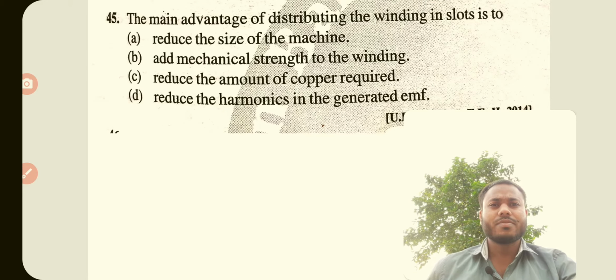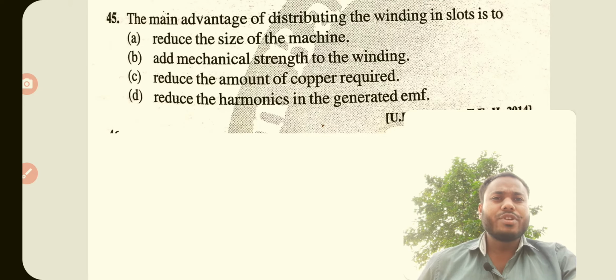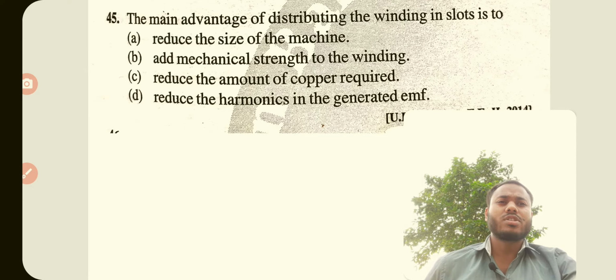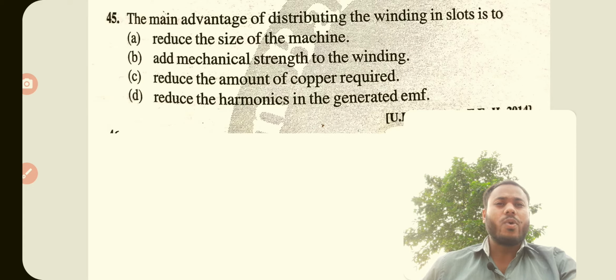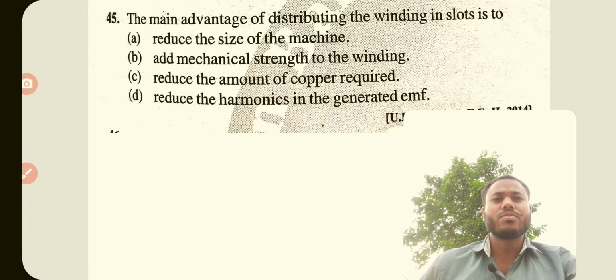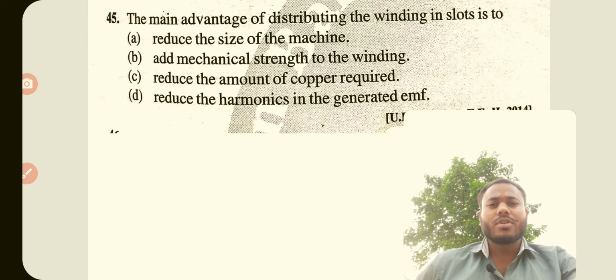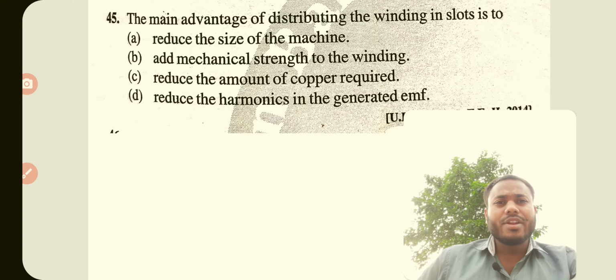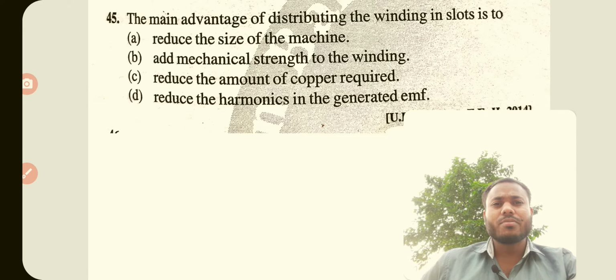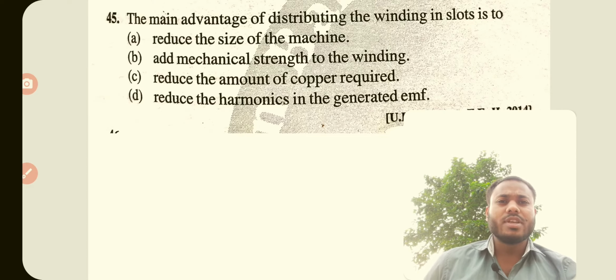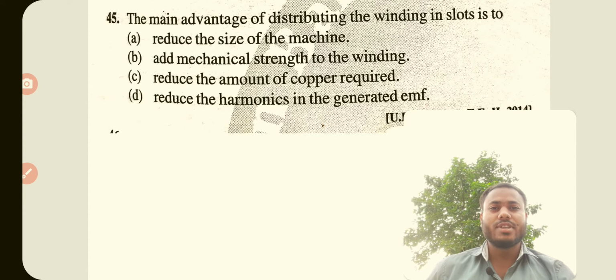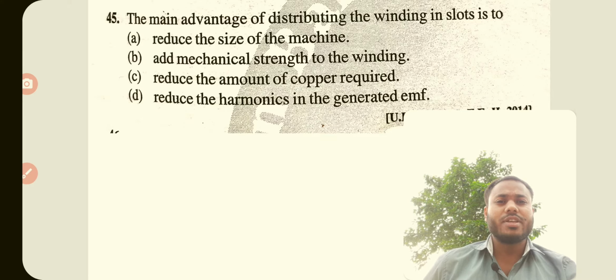The next question is: the main advantage of distributing the winding in slots is to, option A. Distributing the winding is also done in an alternator, and from this the question comes. Option A, reduce the size of the machine; B, add mechanical strength to the winding; C, reduce the amount of copper required; and the last option D, reduce the harmonics in the generated EMF.